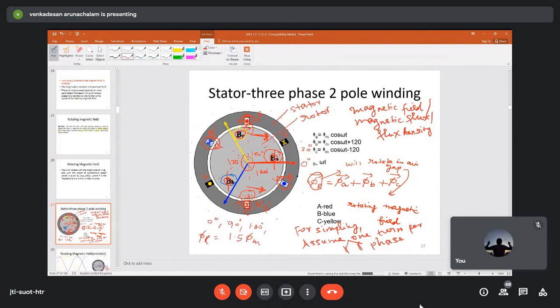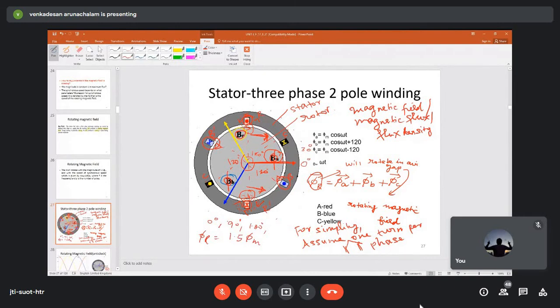So now the net resultant flux that is contributing the useful work, how to find it? You have to add all these three fluxes vectorially.